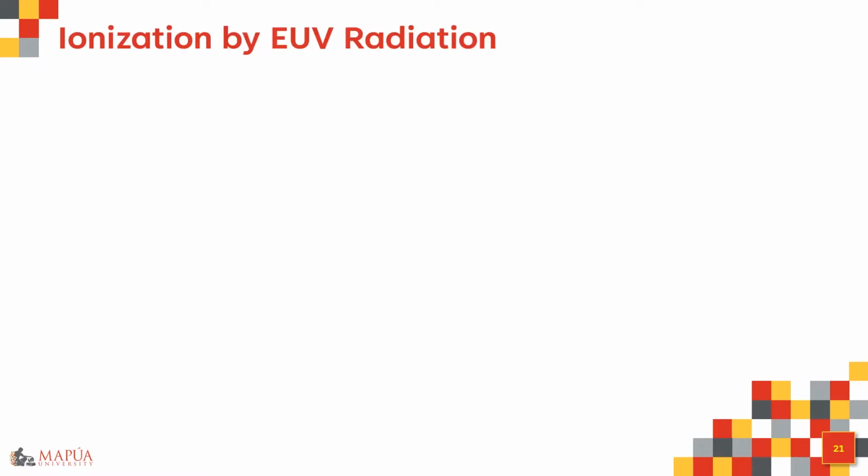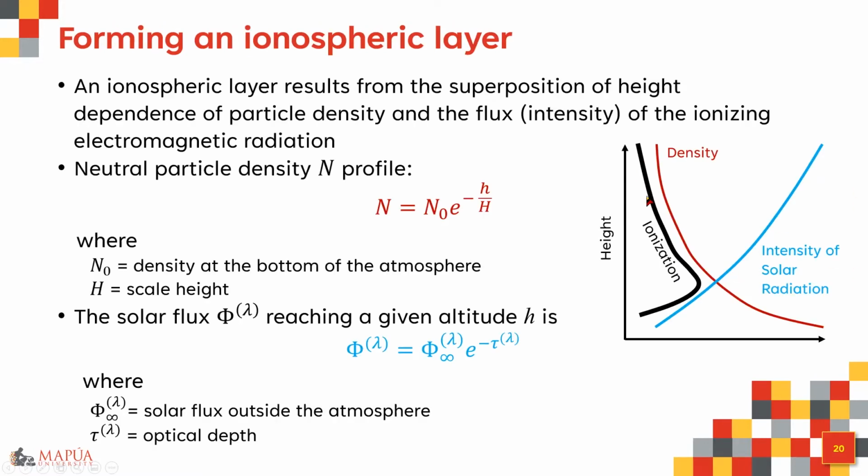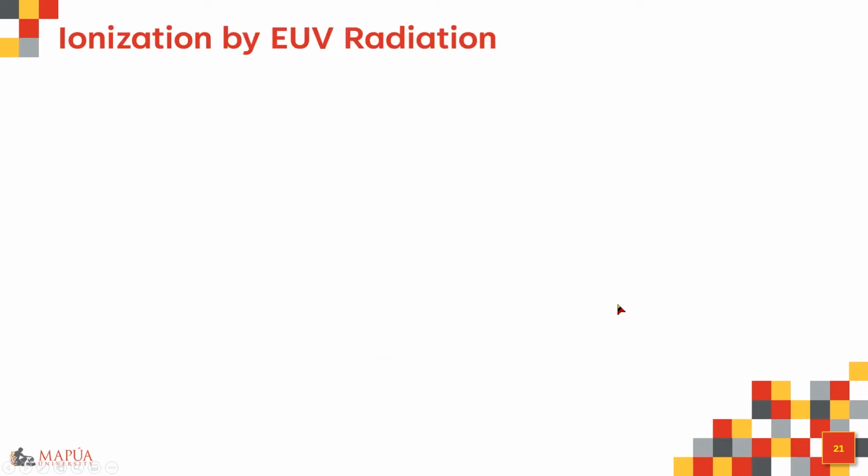Okay, so let's say you have your EUV radiation. This EUV radiation, as I mentioned earlier, is the main source of ionization in the ionosphere. Okay. And then we can actually quantify this by considering this set of derivations.